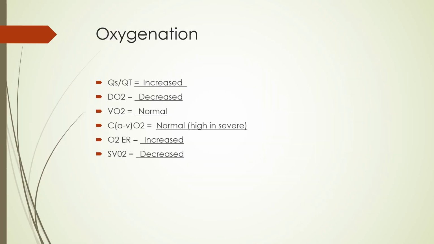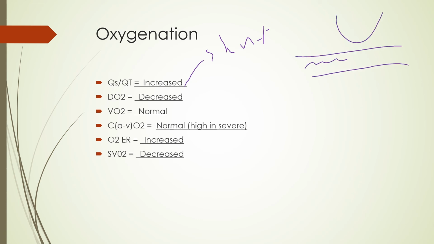Oxygenation. So what happens with their oxygenation? Well, this is a shunt-like pathophysiology because we have perfusion without ventilation, right? Because remember, we have all this atelectasis, this compressed atelectasis, this consolidated, condensed tissue, right?